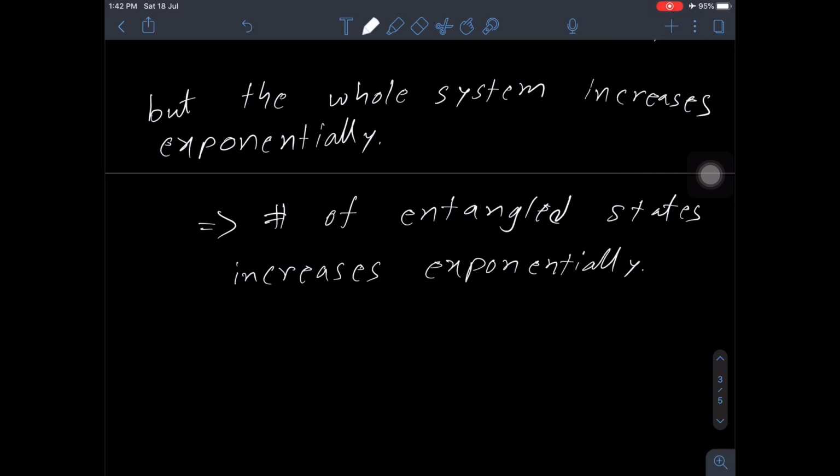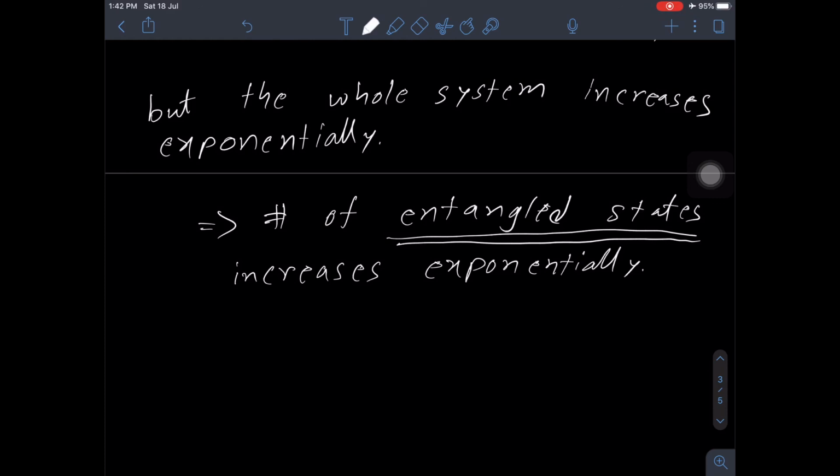All right, so this is the idea, and this is the power of quantum computing, that you can incorporate more information with these entangled states. This gives you an exponential number of possible states.